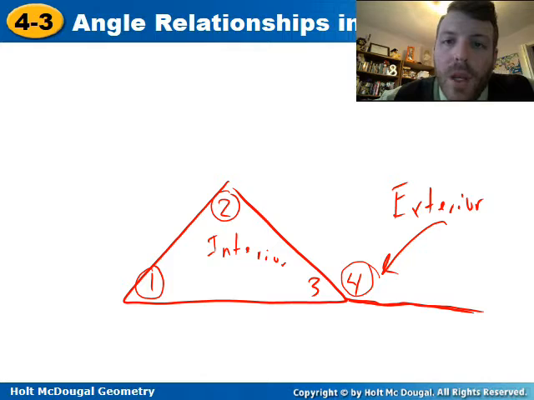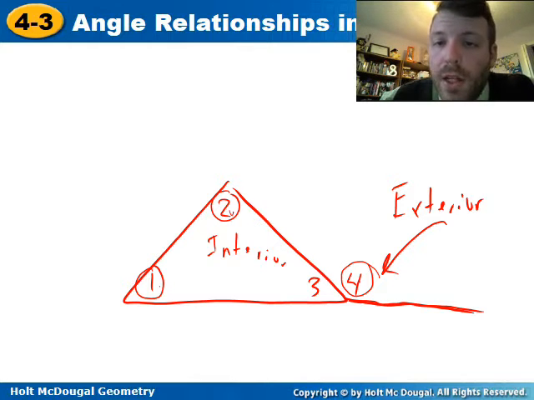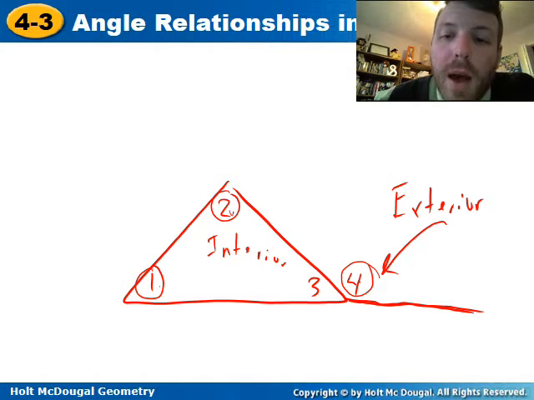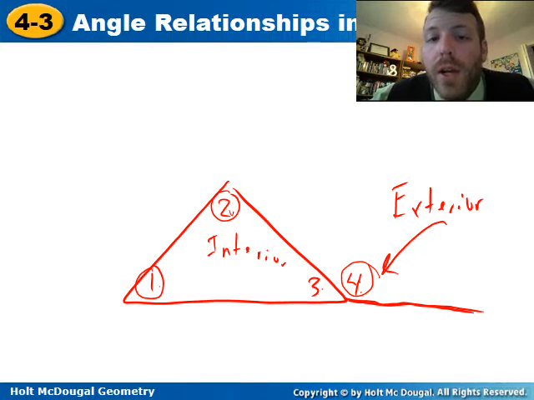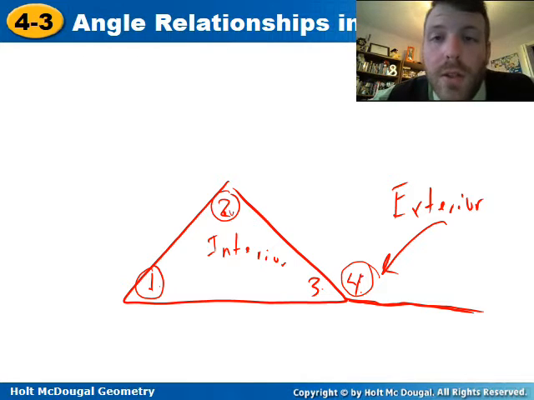The whole reason comes about through this linear pair right here, this 3 and 4. But I'm not going to go into that much right now. I just want you to understand that if I add these two angles together, it's going to give me this third angle, which is the exterior angle.